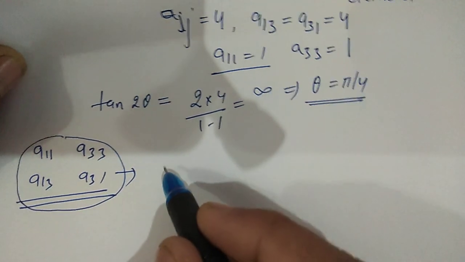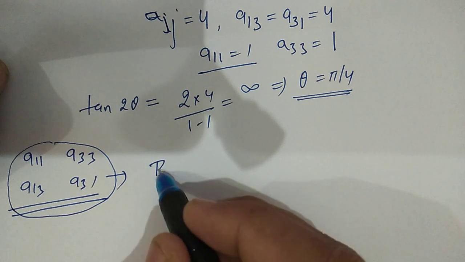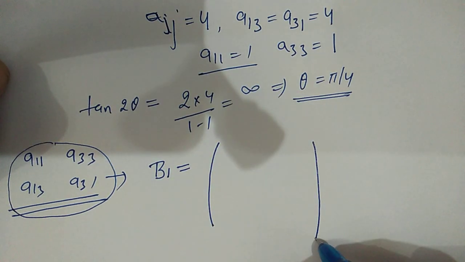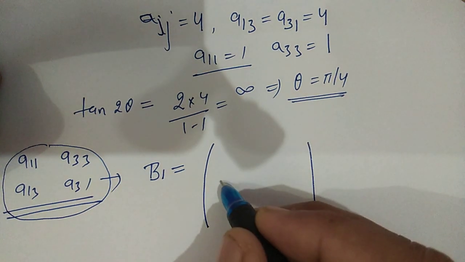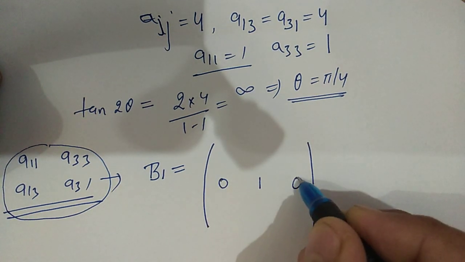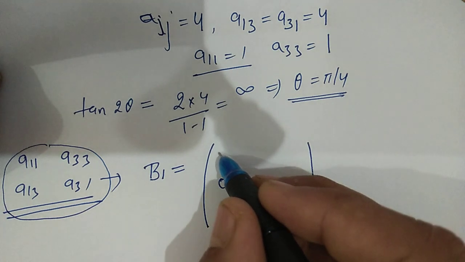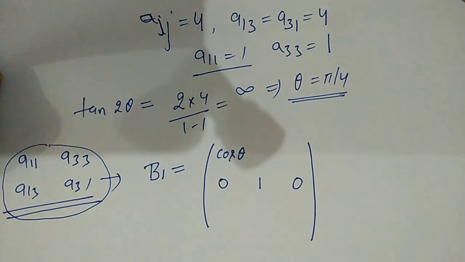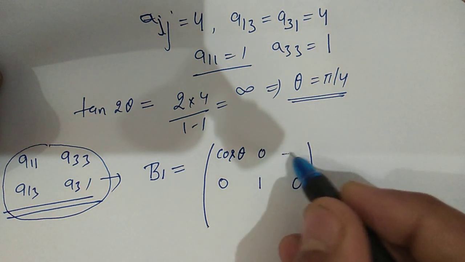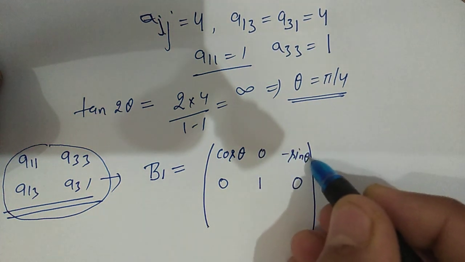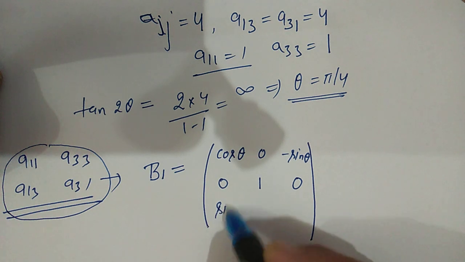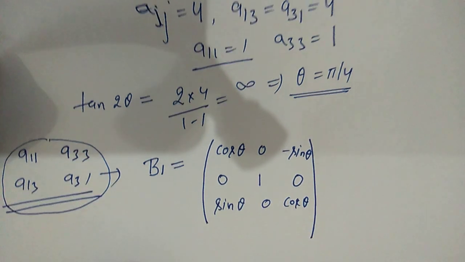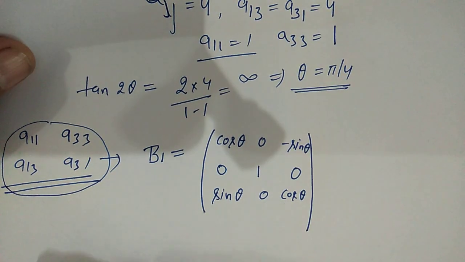The coefficient matrix B1, the rotation matrix along the y-axis, we can write in this way: 0 1 0, and we can have cos theta, 0, minus sin theta, and sin theta, 0, cos theta. So this is the rotation matrix.